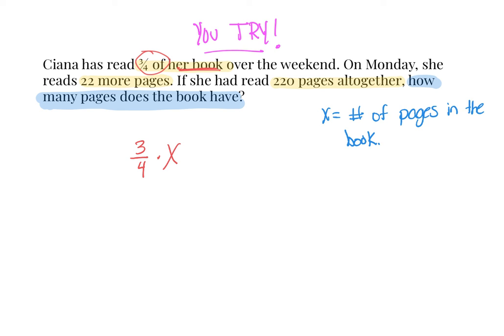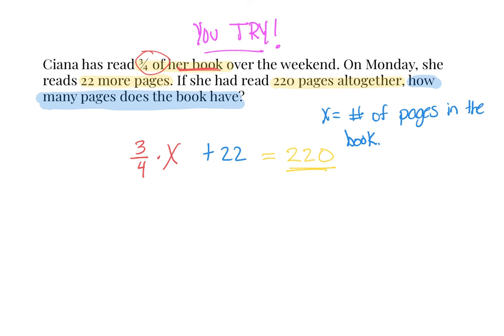Now, on Monday, she reads 22 more pages. More represents that you're adding to this, so plus 22. And we know that the total number of pages is 220. So we know this is how much Sienna has already read together.